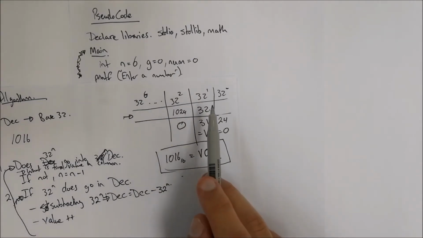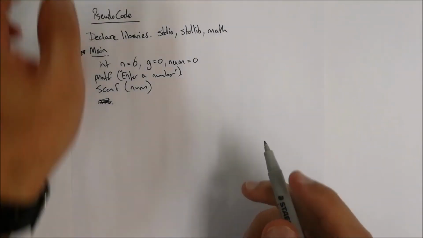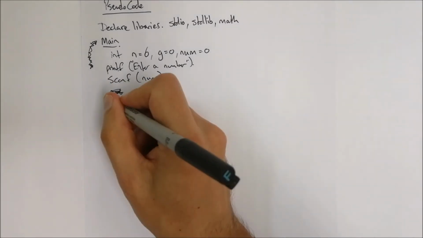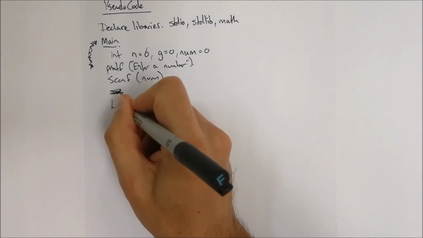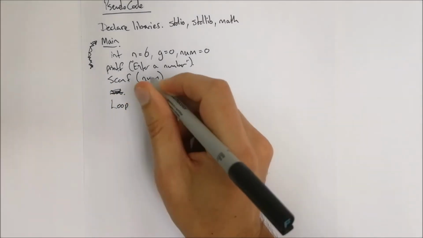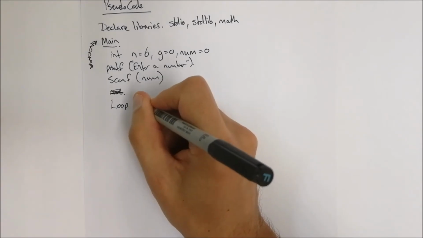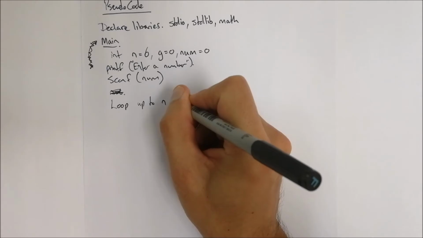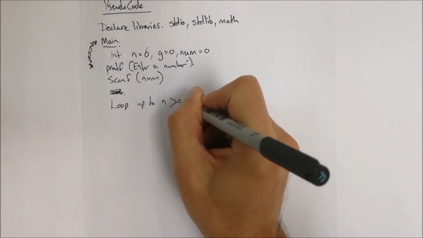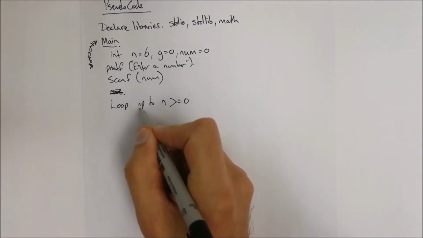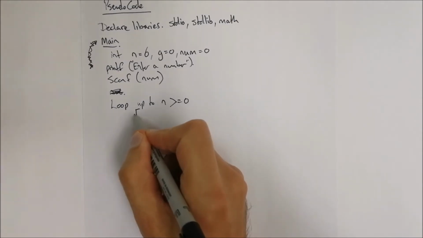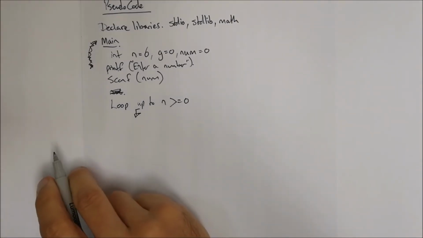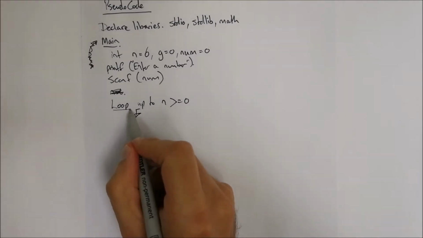Okay, so we need to have some other loop system over here, and it is up to n is larger than or equal to 0. That's what we need to take into account. Okay, so that's some loop system we're looking at over there.